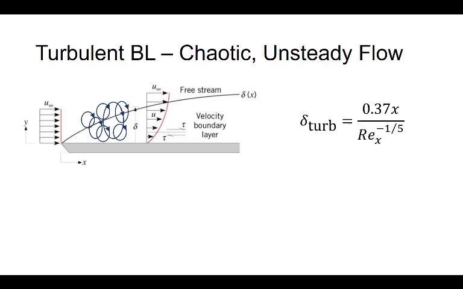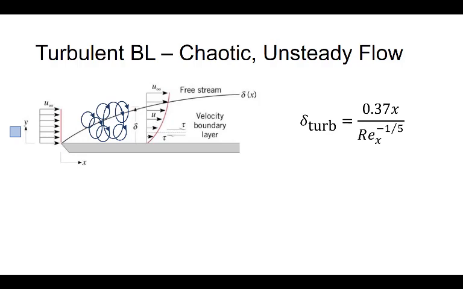These eddies vary in size, vary in their direction, and are inherently unsteady. The turbulent flow is thus three-dimensional and unsteady. The swirling motion of the eddies causes mixing of the fluid in the boundary layer.